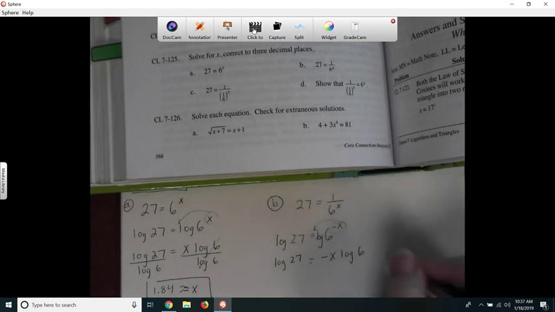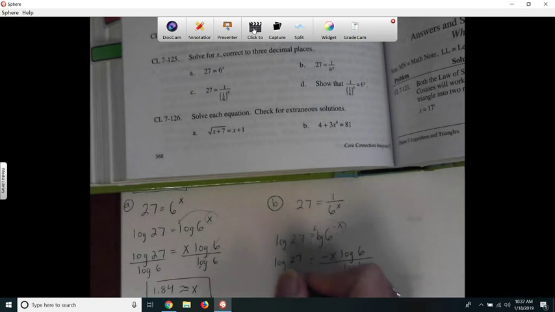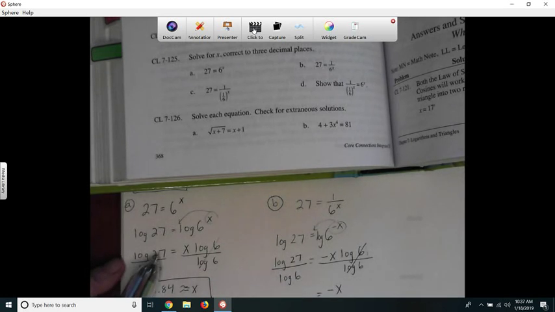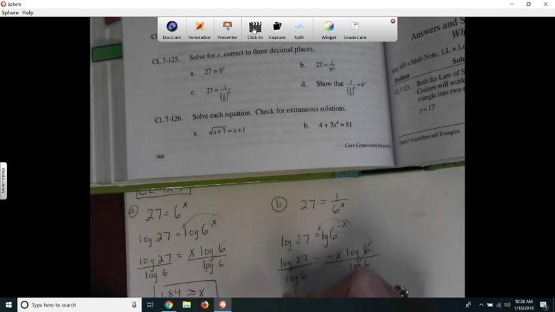And then if I would like to get the x by itself, I'm just going to leave that negative sign on there and just divide by log 6 so that you can maybe make a little connection here. This cancels out, and you'll notice that I get negative x is equal to log 27 over log 6. But we know that log 27 over log 6, we just did that problem a second ago, and we found out that it was 1.84. So I'm just going to use the 1.84.